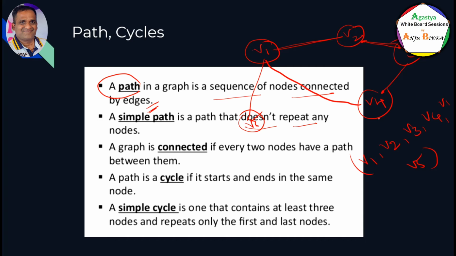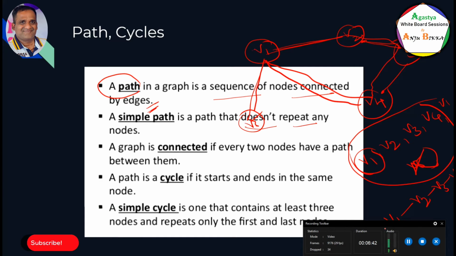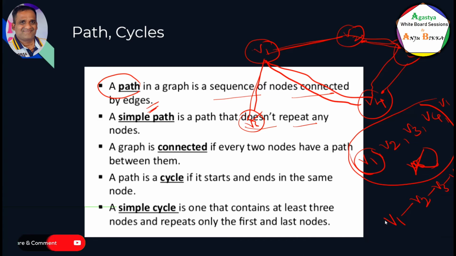If we take this path from V1 to V2, V2 to V3, V3 to V4, V4 to V1, V1 to V5, this path is not a simple path because there is a repetition of V1. If there is no repetition, we can say only the path from V1 to V2, V3 to V4. This path is a simple path. Here there is no repetition. If there is no repetition in the path, then that is called a simple path. If there is a repetition, then it is not a simple path.